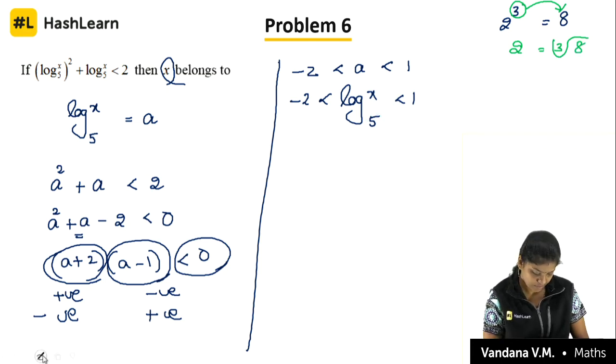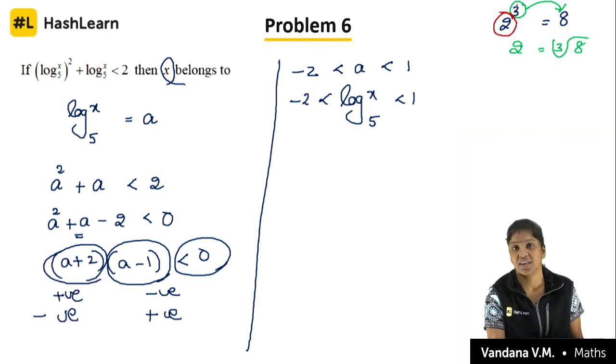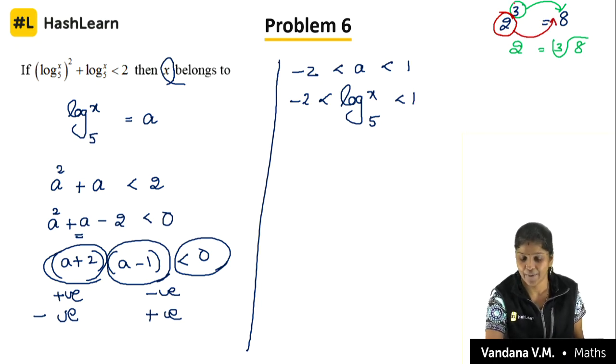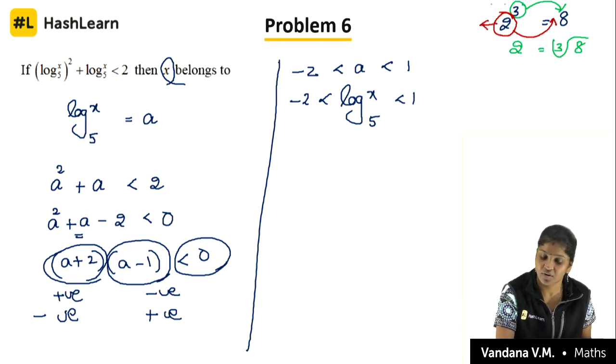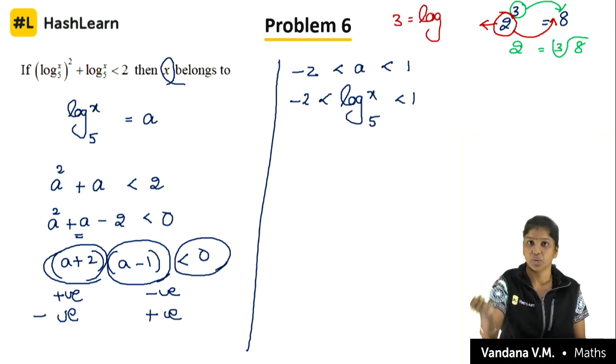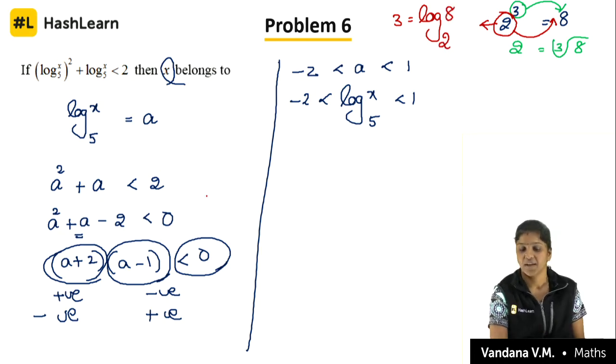But if you transfer the base to this side, the 3 will be like that only. It goes to that side as log base 2 of 8. 8 will be there only. It will act like a log base 2, if you shift 2 over there.